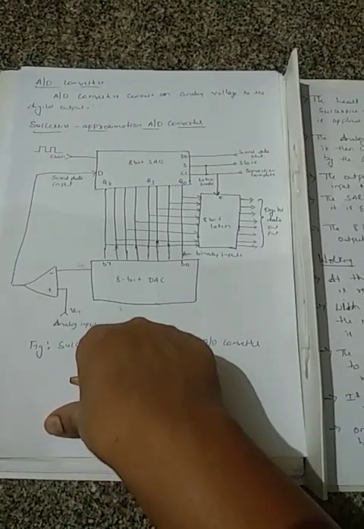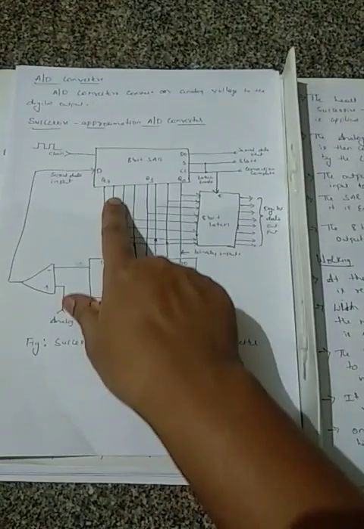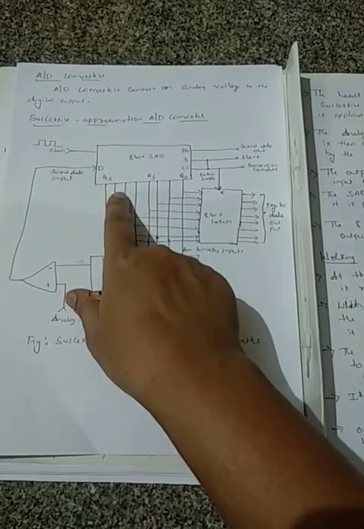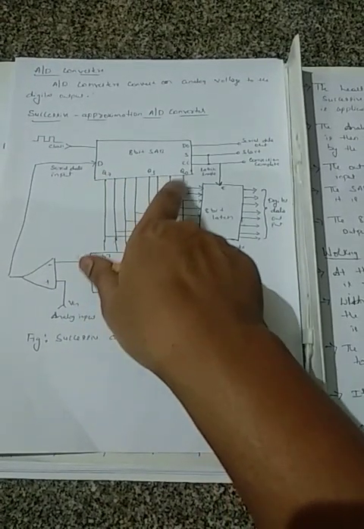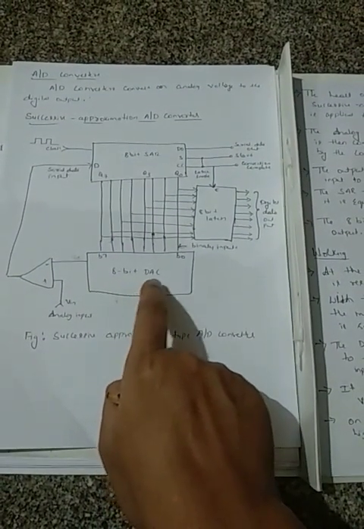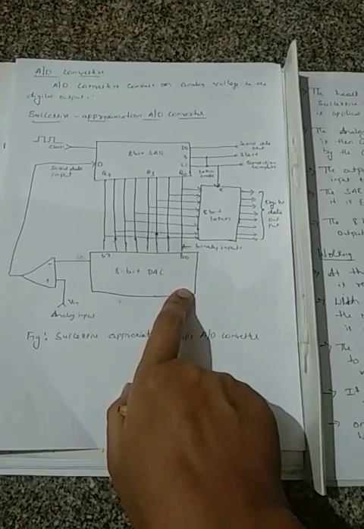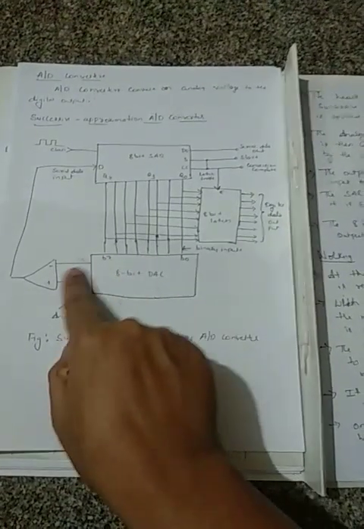Upon the next clock pulse from low to high, the most significant output bit Q7 of the SAR is set, that is Q7 will be set, 1 0 0 0 0 0 0 0. Now this input is given to the DAC.